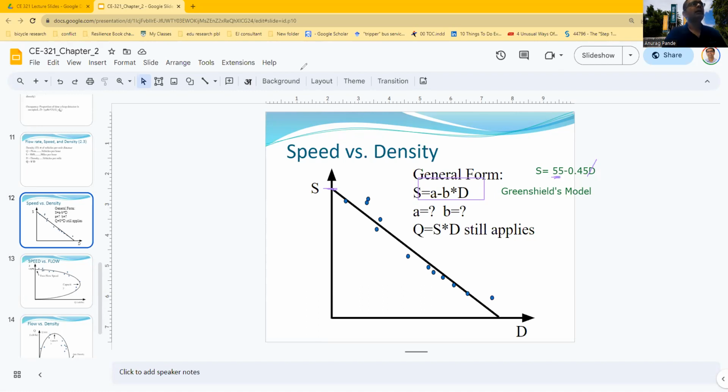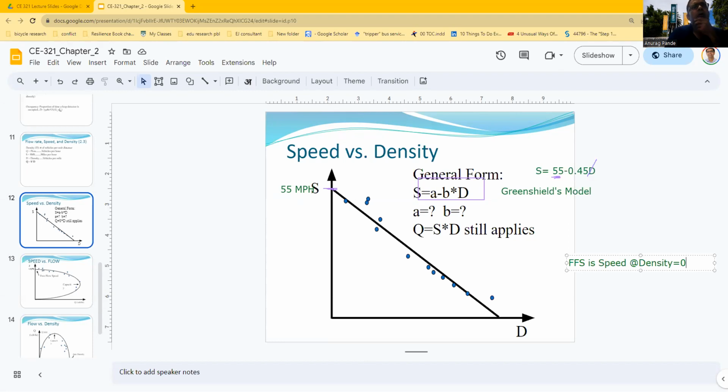So my speed value is 55 miles per hour at this point. What does that mean? That means this is what I call my free flow speed, the speed at density equal to 0. So my free flow speed is the speed at density equal to 0.